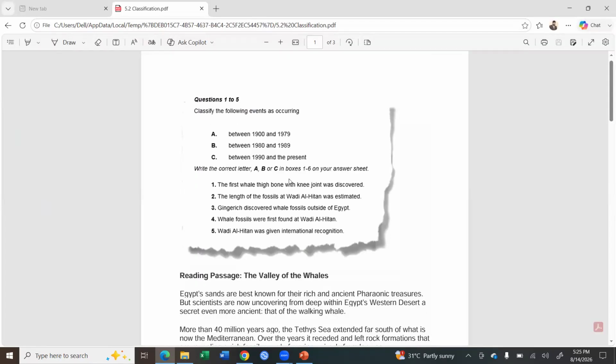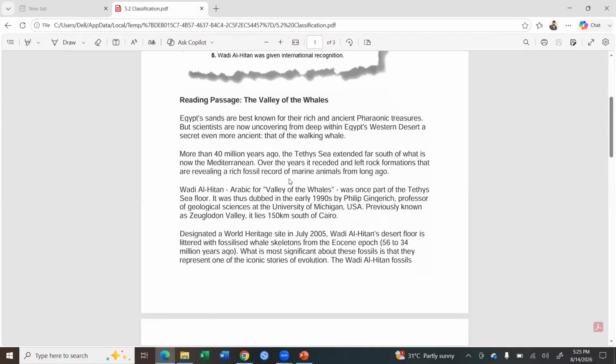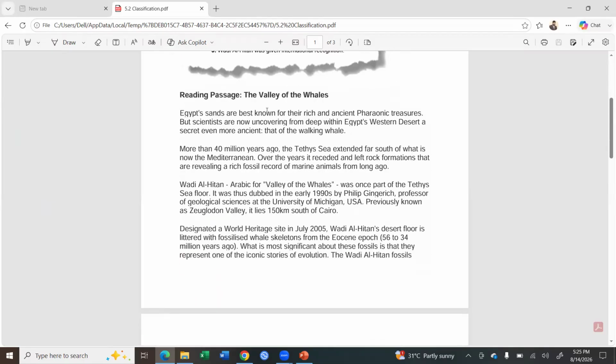Here is the passage. Okay, now scan. Can you find 2000 in these four passages?